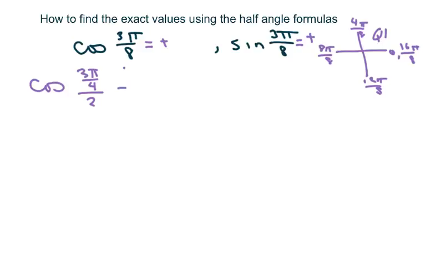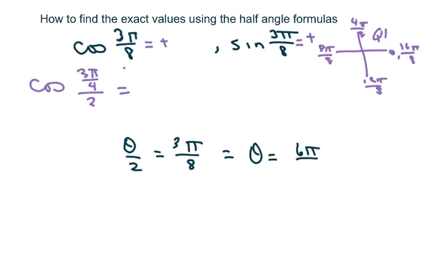Let me just show you real quick. When you don't know what to write for this, you have 3 pi over 8. We want this to be theta over 2, so we set this equal to 3 pi over 8. When you cross multiply, you get theta equals 6 pi over 8, which is 3 pi over 4.